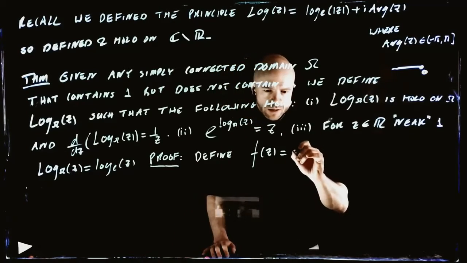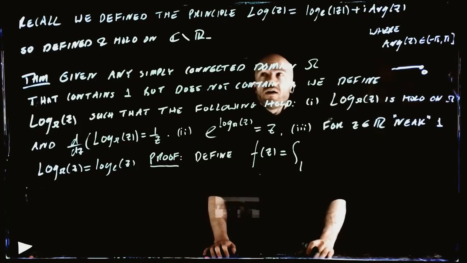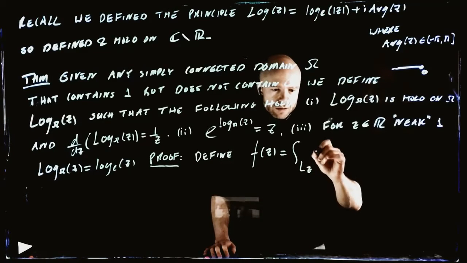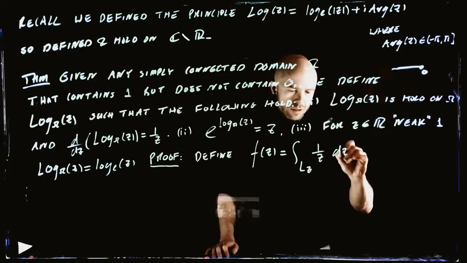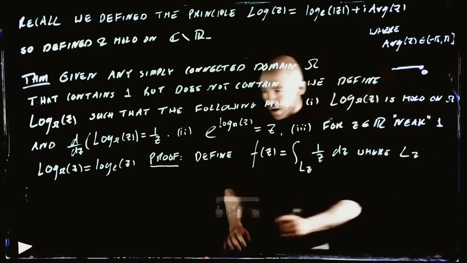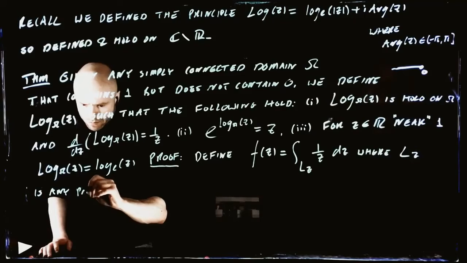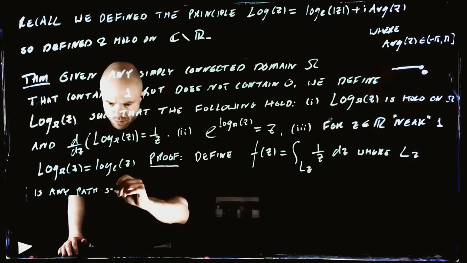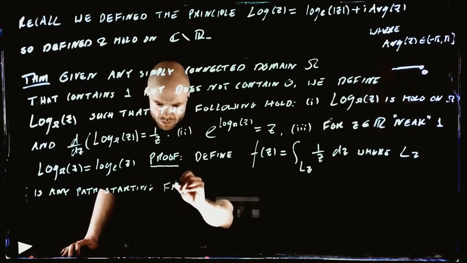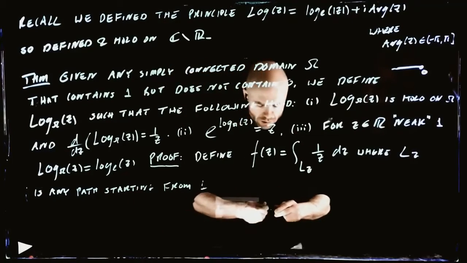So define this to be the integral over L of z, where do we want to start? We want to start from 1. So the integral over L of z of 1 over z dz, where L of z is any path from 1 and ending in z.